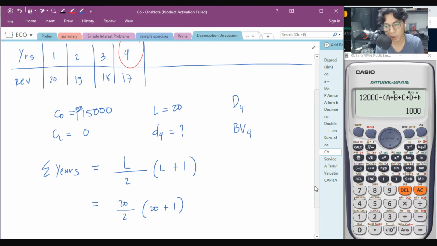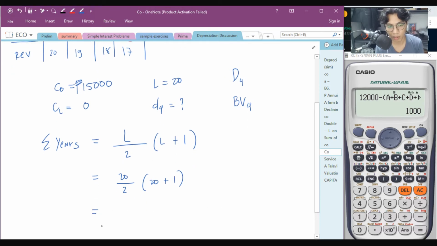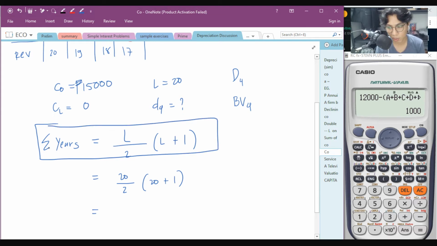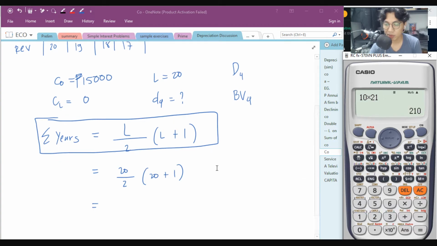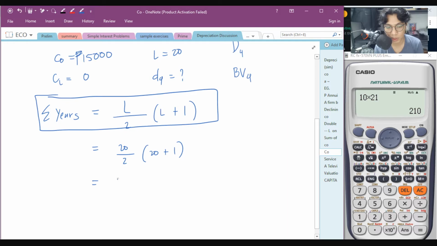This is the shortcut for the sum of all the years. What if it were 100 years? Adding 100 plus 99 plus 98 down to 1 would take all your time. So 20 divided by 2 is 10, times 21 is 210. That is the sum of all the years, 210.